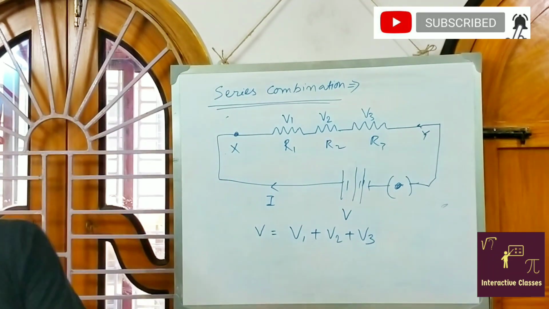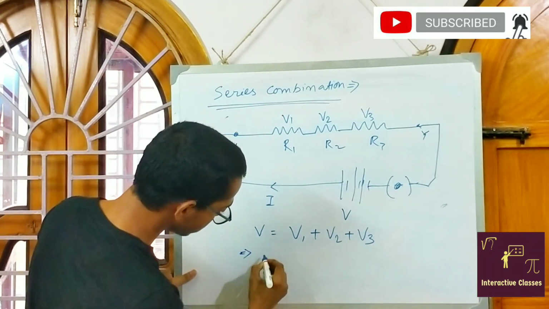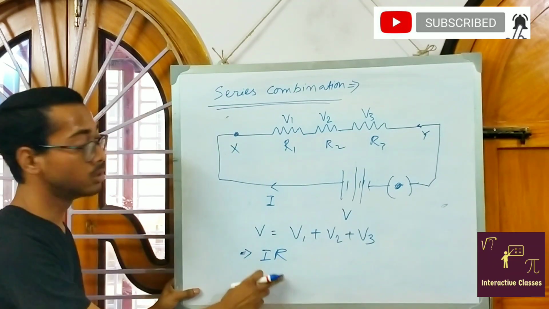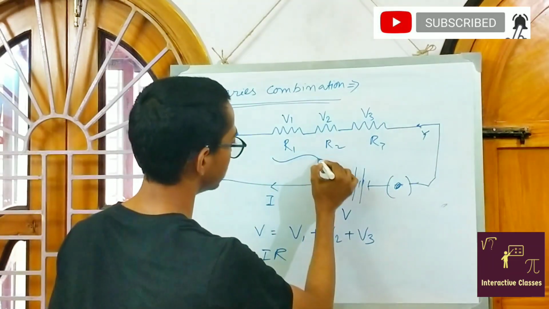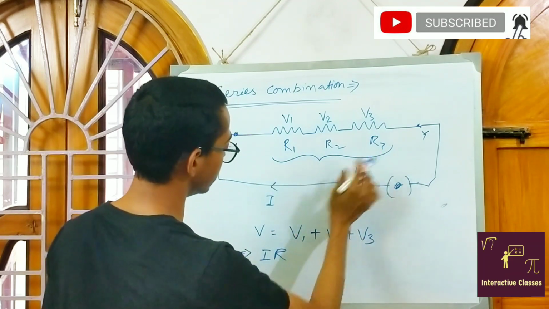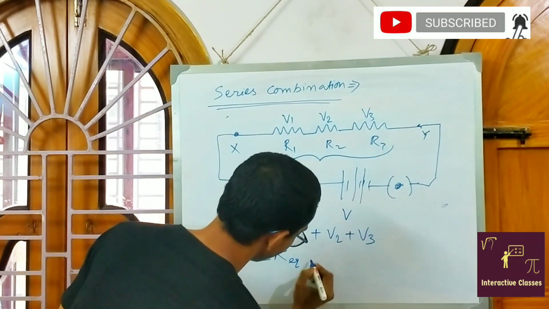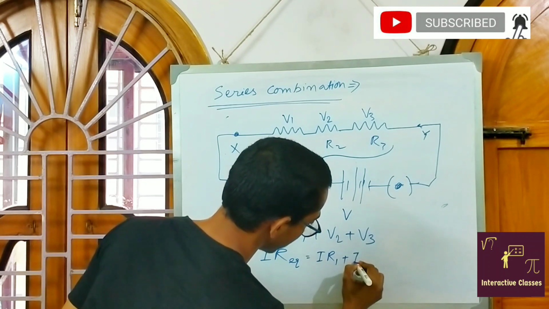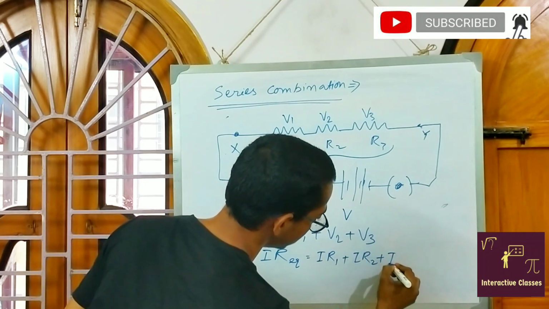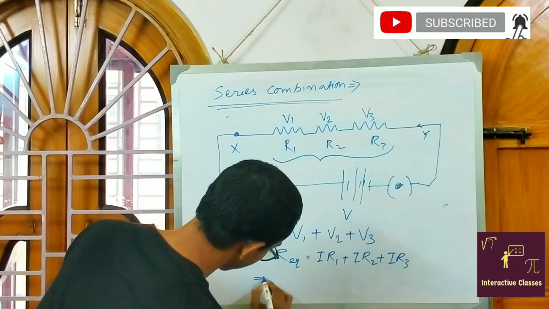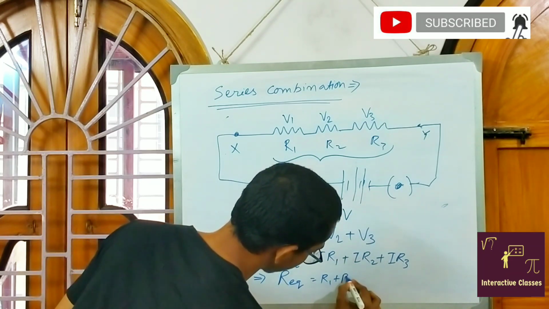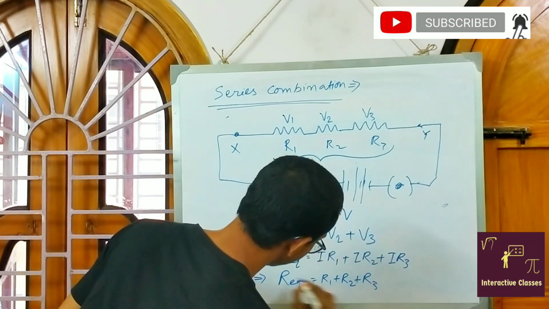From Ohm's law, we can write V is equal to IR, where R is the equivalent resistance, that means the total resistance. I'm writing here I R equivalent is equal to I R1 plus I R2 plus I R3, and we can write R equivalent is equal to R1 plus R2 plus R3.